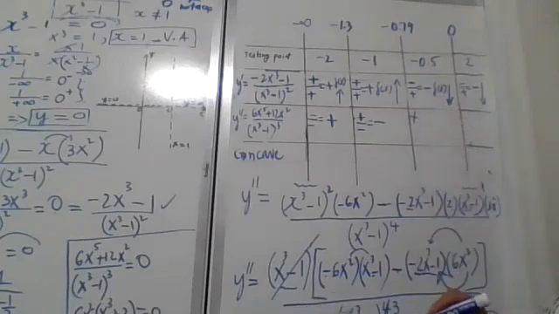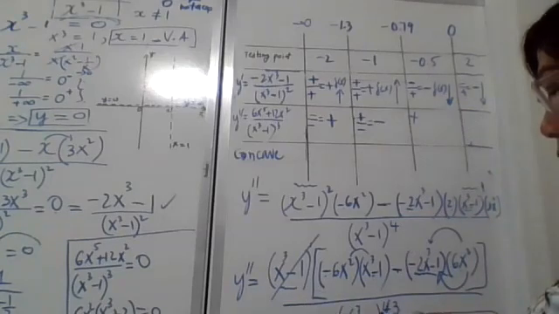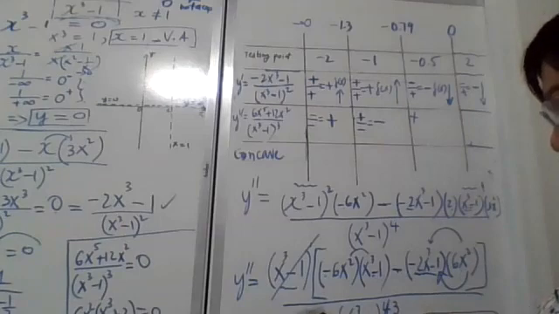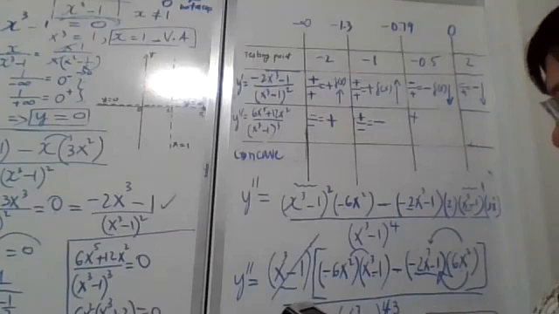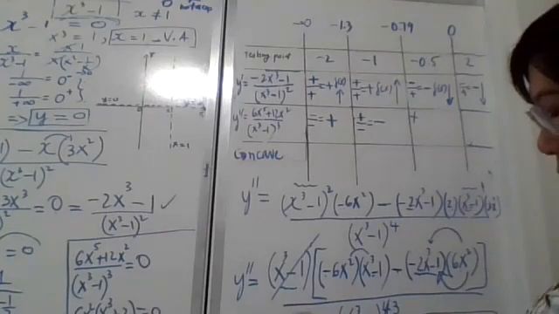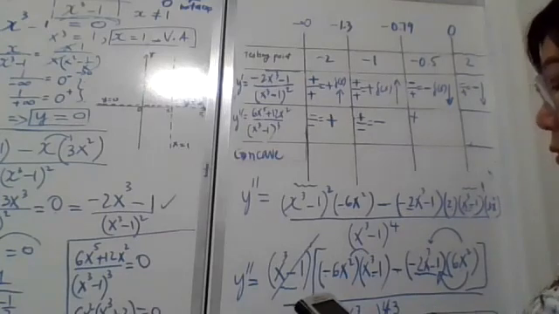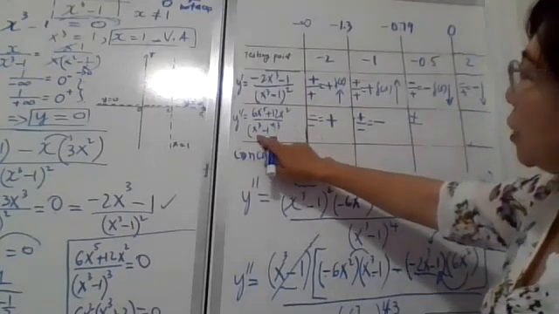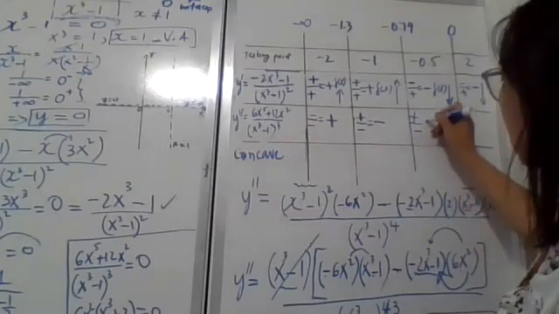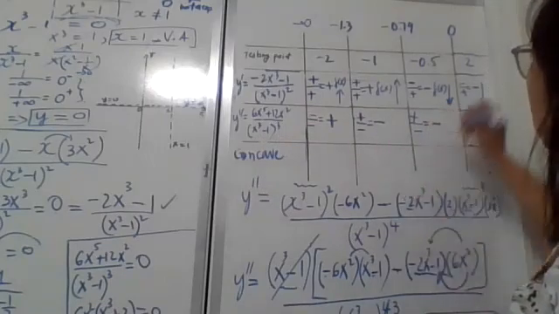Let me try again. Minus 0.5 to the power 5, times 6, is negative. Adding with 12 times 0.25, it's positive. Divided by minus 0.5, put in here it is minus, to the power 3 is minus, so that also becomes minus.